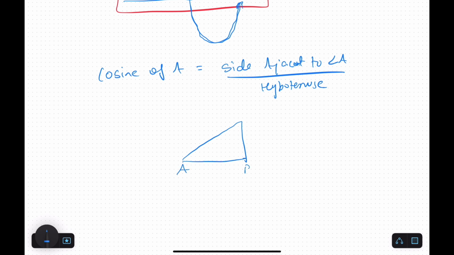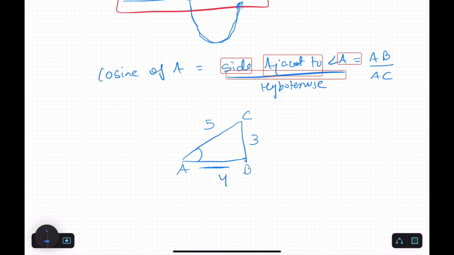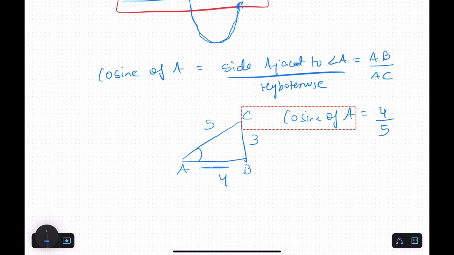It is A, B, C, angle A. Now you tell me which would be the adjacent side? Absolutely right, this would be the adjacent. So I can write it as AB over AC. For example, in the previous 5, 3, 4 triangle, what would be the cosine of A? Cosine of A would be 4 by 5.